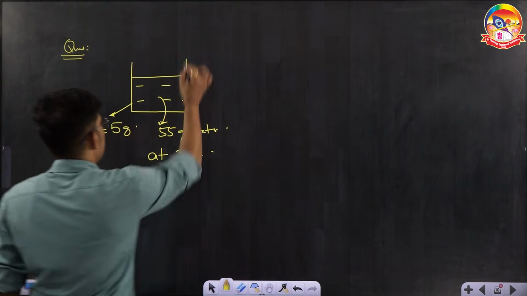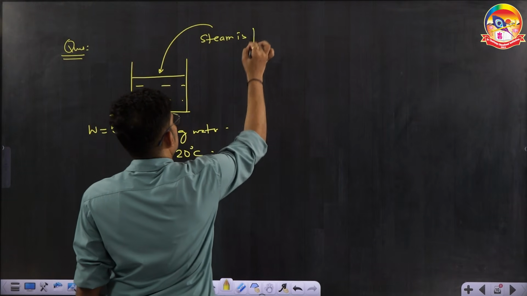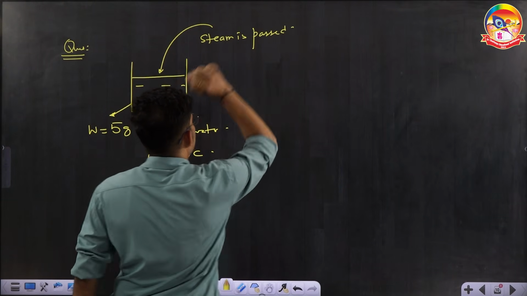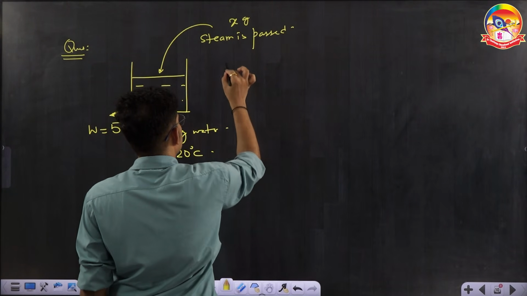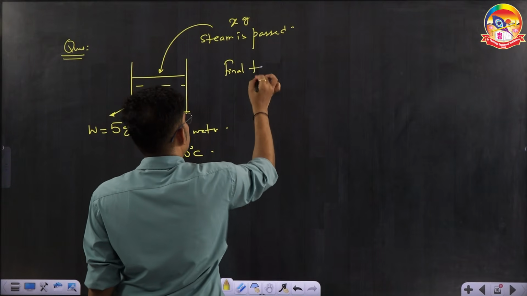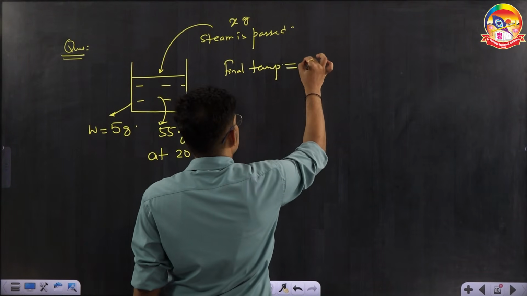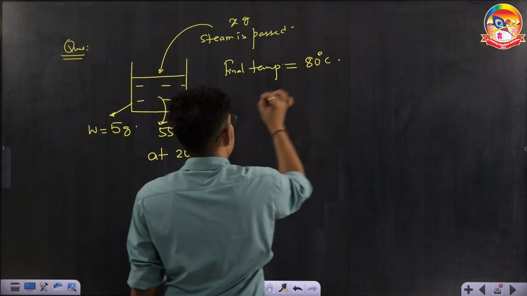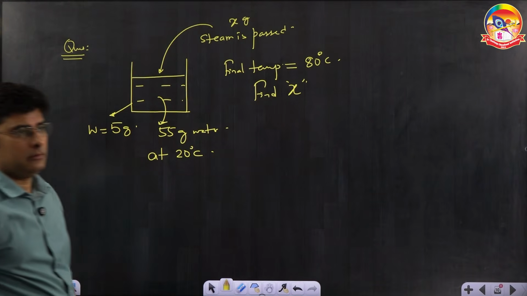They give you in the question that x gram steam is passed, and the final temperature becomes 80 degree Celsius. We have to find how much steam was passed.